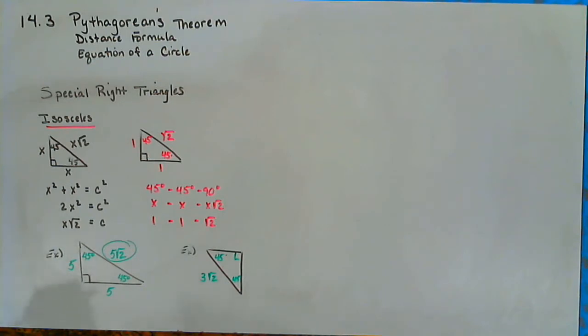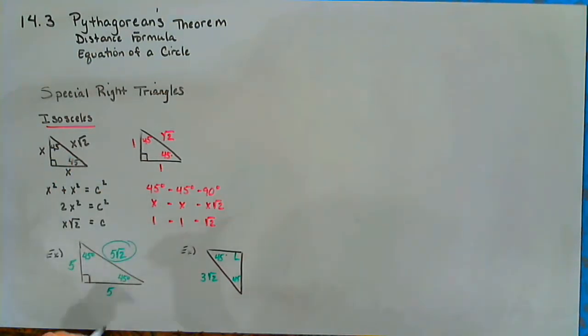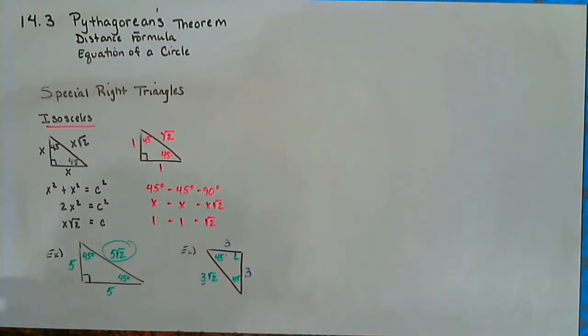I want you to find the two side lengths. Well, since they're in a 1-to-1-to-root 2 ratio, x root 2, I've now figured out what x is. Since I have 3 root 2, each of these sides must be the number 3. And so that's how we can use that special triangle.